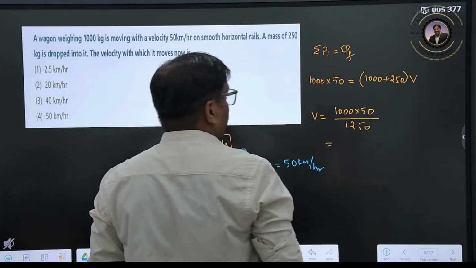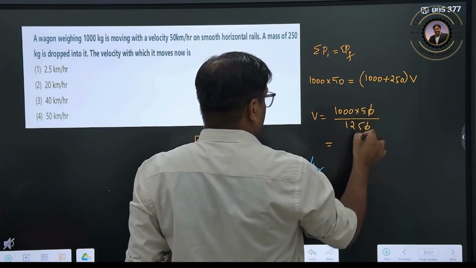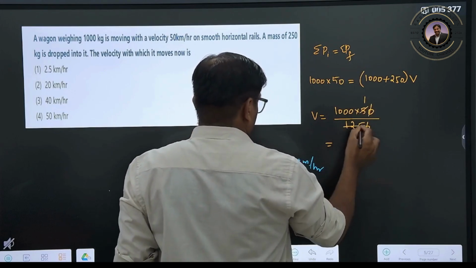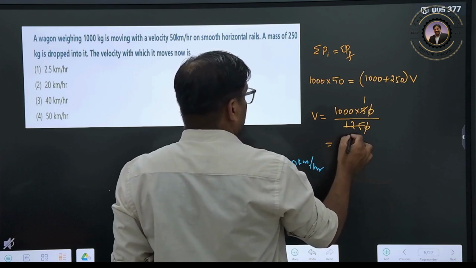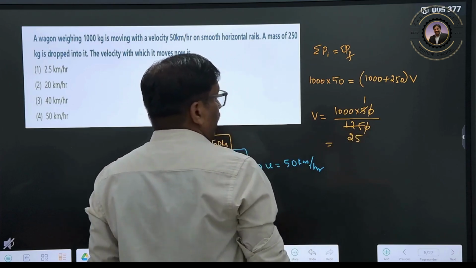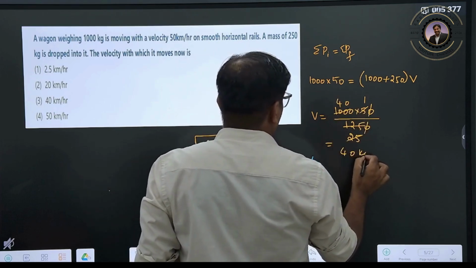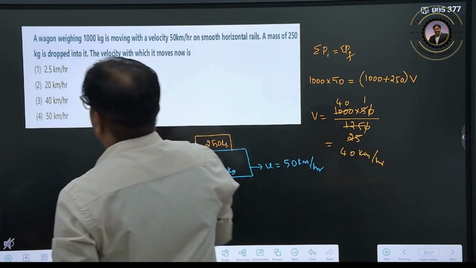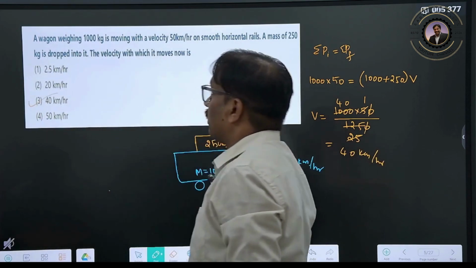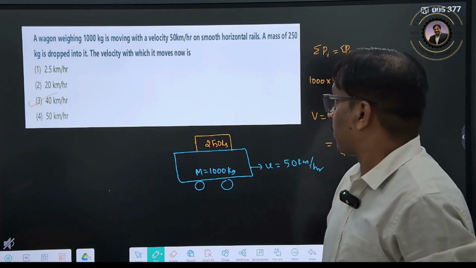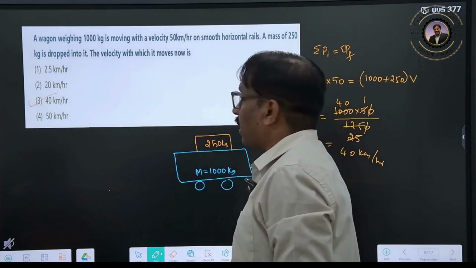Here we can solve it: 25 ones are 25, 40, therefore 40 kilometers per hour. So 40 kilometers per hour will be the speed of this combined system.